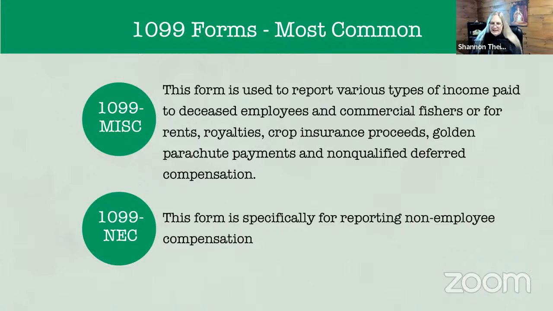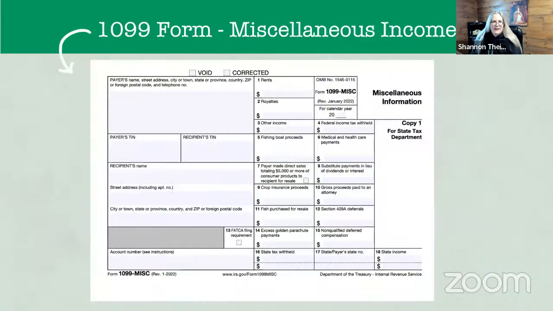And the 1099 NEC is a form specifically created or reactivated to report non-employee compensation. And on the 1099 miscellaneous, I want you to notice that they have become continuous forms recently.